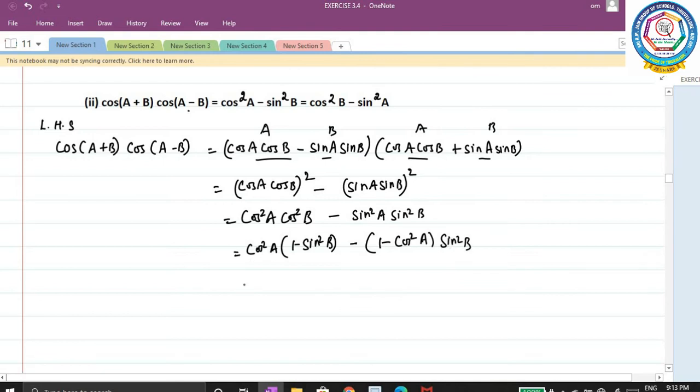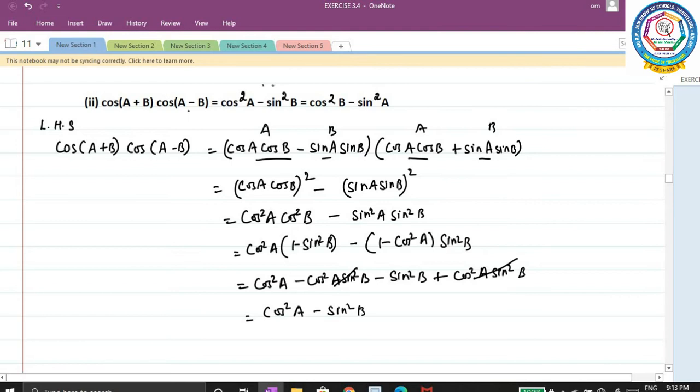Next, take the cos square a inside: cos square a minus cos square a into sin square b, then again minus sin square b, minus of minus plus cos square a into sin square b. Here the plus term and minus term will cancel. Therefore cos square a minus sin square b.